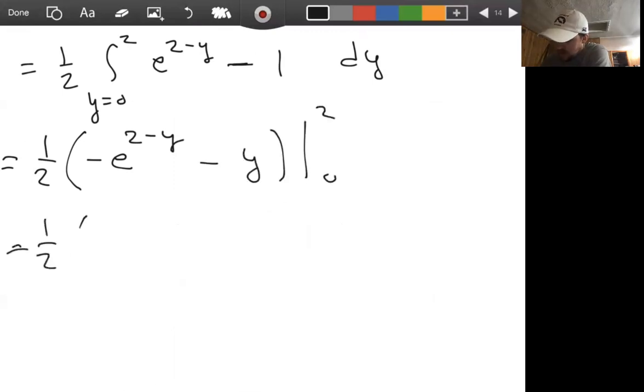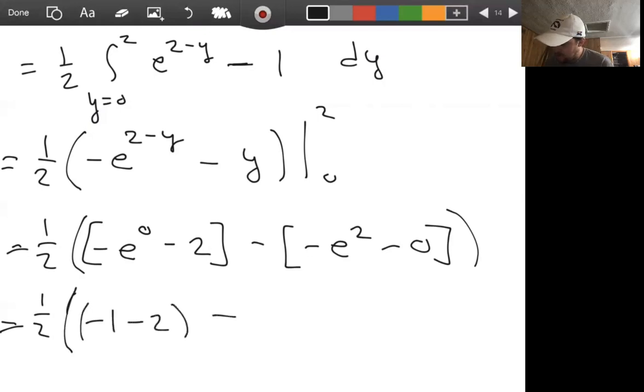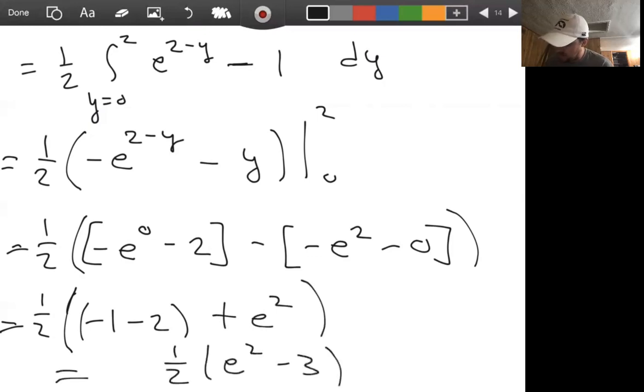So I get 1/2, and then I get e to the negative 0 minus 2 minus negative e to the 2 minus 0, which is 1/2. And then it looks like I'm going to have negative 1 minus 2 plus e squared, which is 1/2 e squared minus 3.